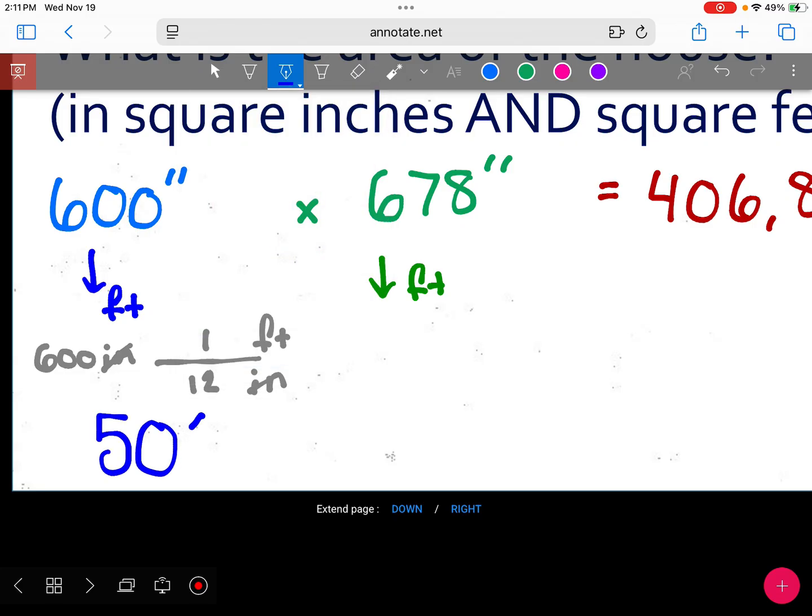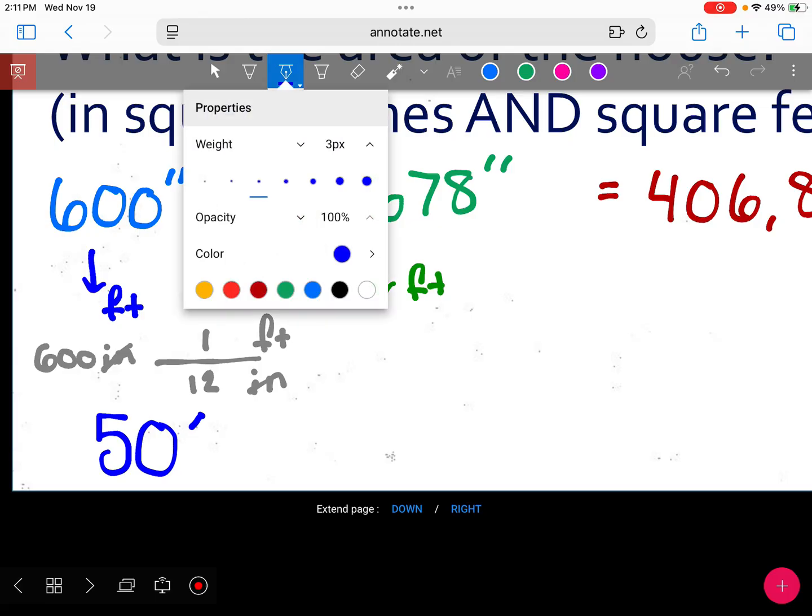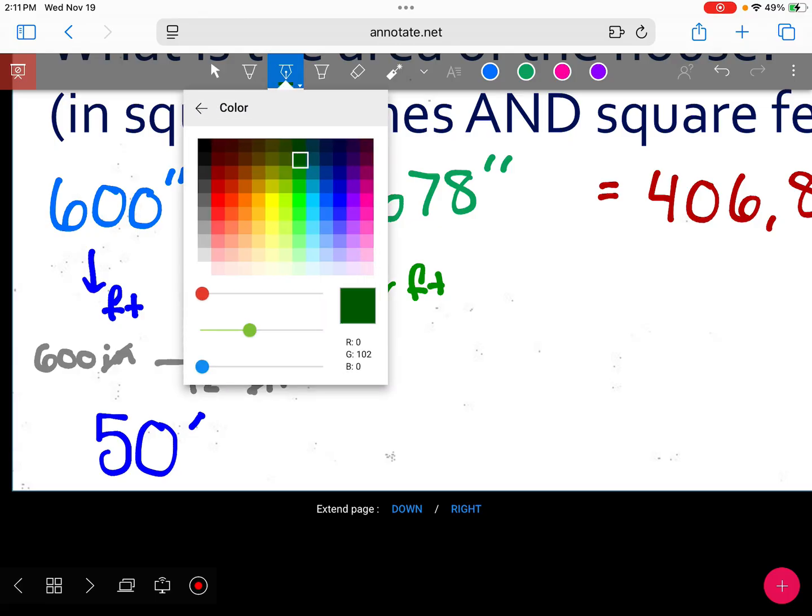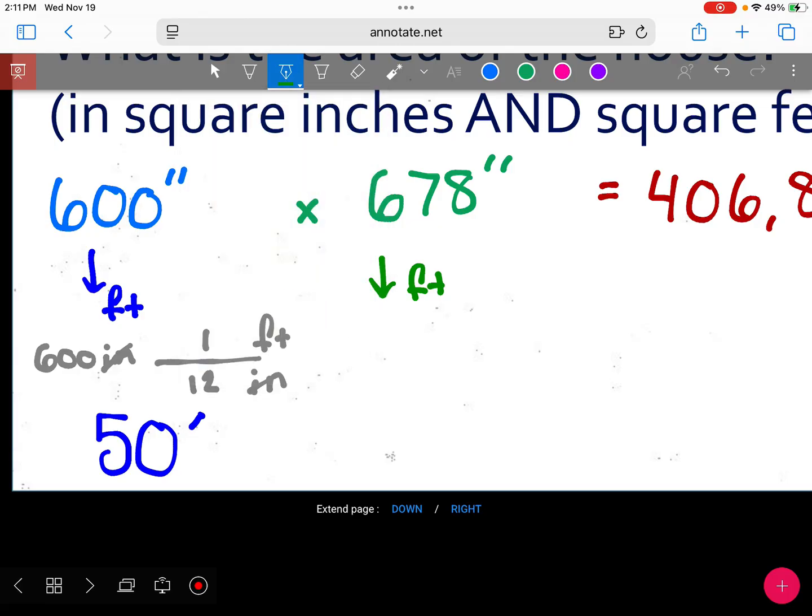But you can put the FT for feet, or inches are little, so there's 2. Feet is just 1. So more often than not, the little dash is foot. So then we need our other dimension. I had 678 inches.